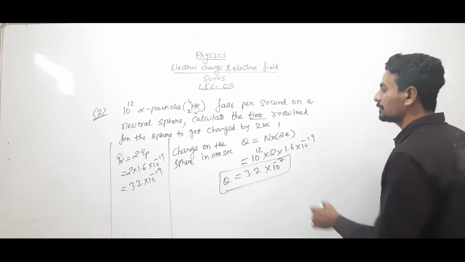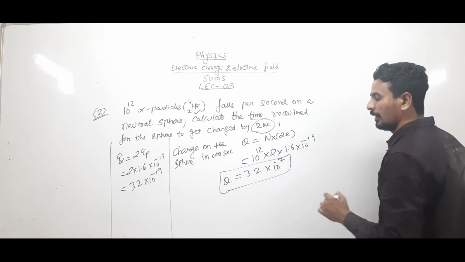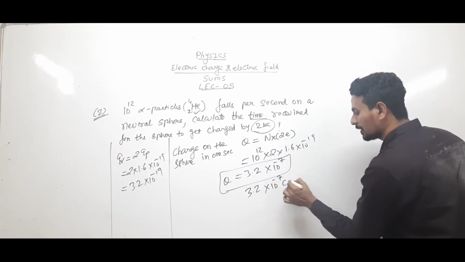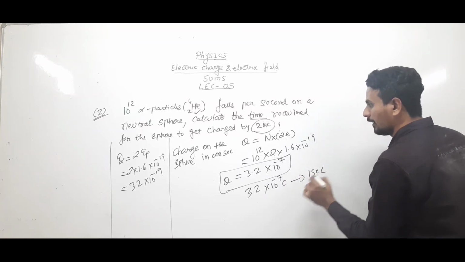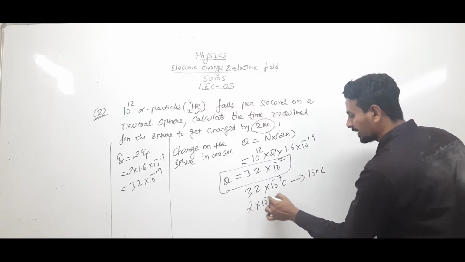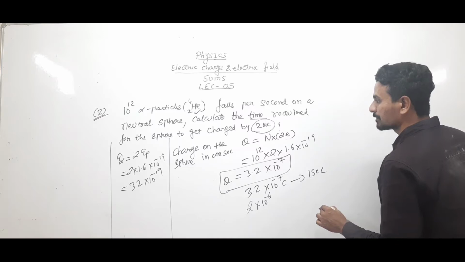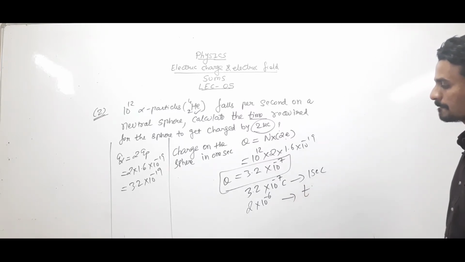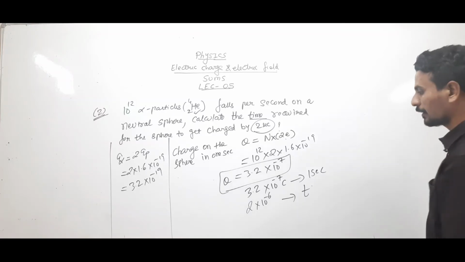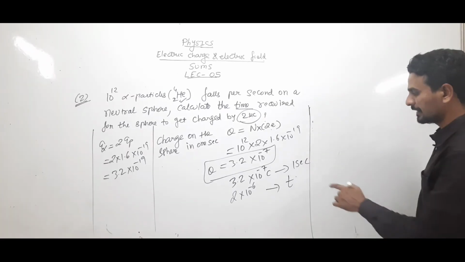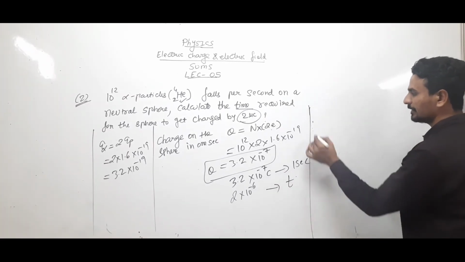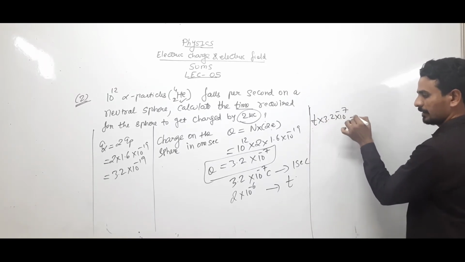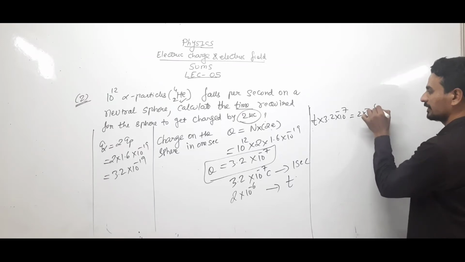Now we want to establish a charge of 2 microcoulomb. So we can cross multiply. 3.2 into 10 raised to minus 7 coulomb charge requires 1 second. So 2 into 10 raised to minus 6 will require what amount of time? Okay, so just cross multiply this. T into 3.2 into 10 raised to minus 7 is 2 into 10 raised to minus 6.